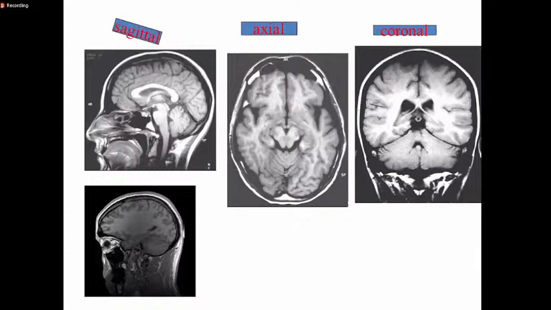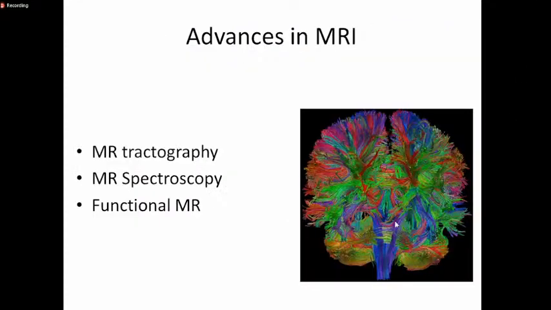The other things that you can do with MR, one of them is tractography. And this is tractography. What you do in tractography is really looking at the nerves or the tracts within the brain tissue, and you can draw them as shown in that image, and you can study them. Whether they are coming in or they are going out, you can be able to tell by the color codes.